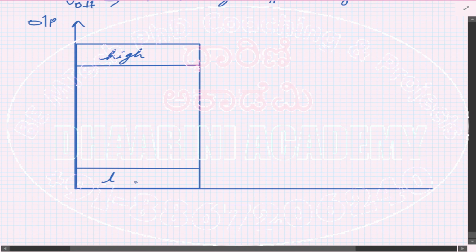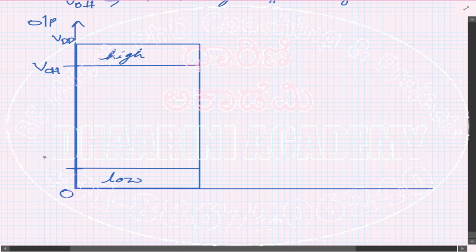That means the voltage which is here, this is the least voltage which is denoted as high. So this has to be VOH. Look at the definition we wrote earlier. Similarly, this is 0 volts, and the topmost is VDD.